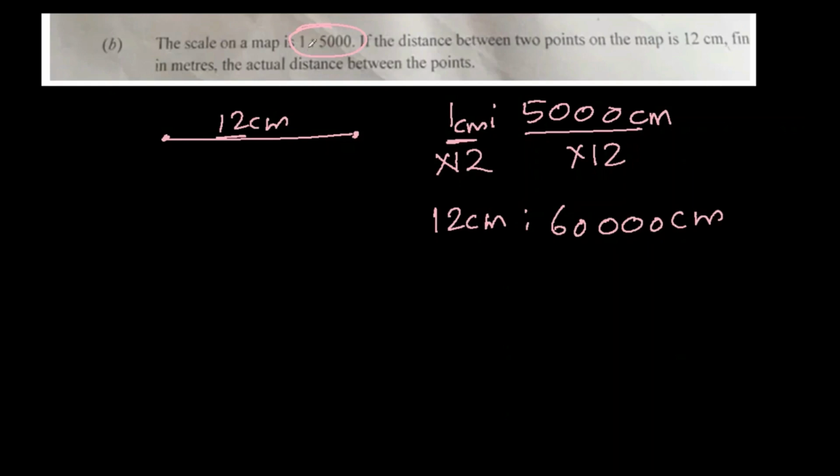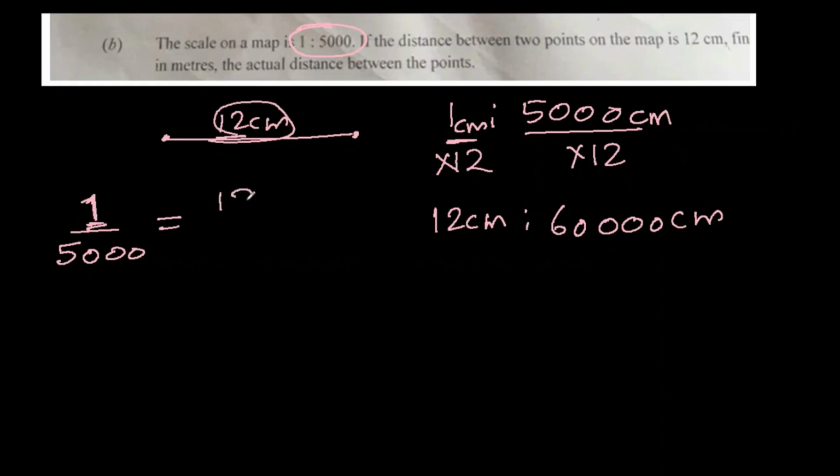Yeah, the ratio, it is 1 to 5,000. We can write this as 1 over 5,000. This is the ratio. And write the equivalent ratio on the right side, and 1 is the distance on map. So distance on map is 12 centimeters.